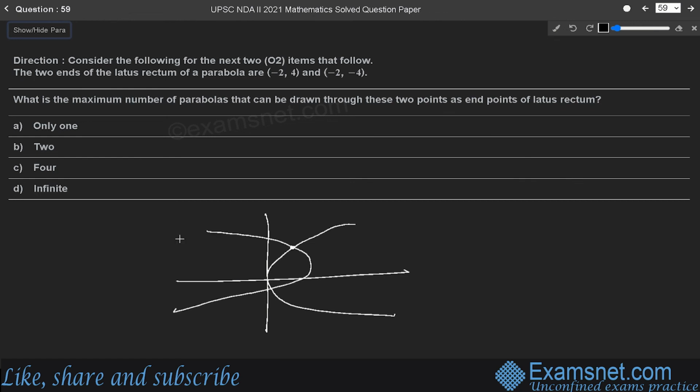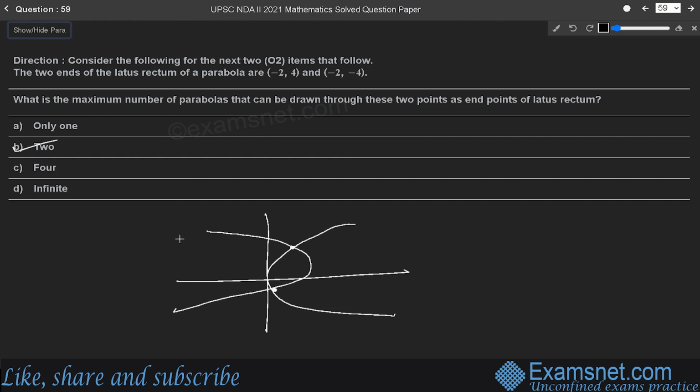These are the intersecting points of both the parabolas. It is just a rough diagram to make you understand. You can see that the maximum number of parabolas that can be drawn with these 2 points as endpoints of the latus rectum is 2. Therefore, the answer for this question is 2, which is B.